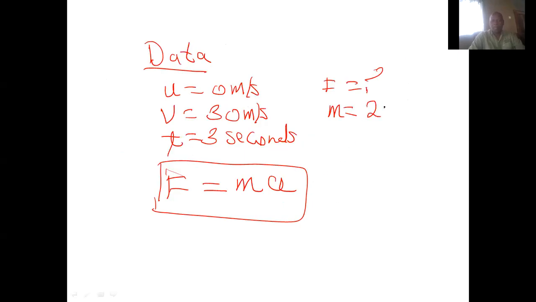What we don't know here is the acceleration, and so we can calculate the acceleration.